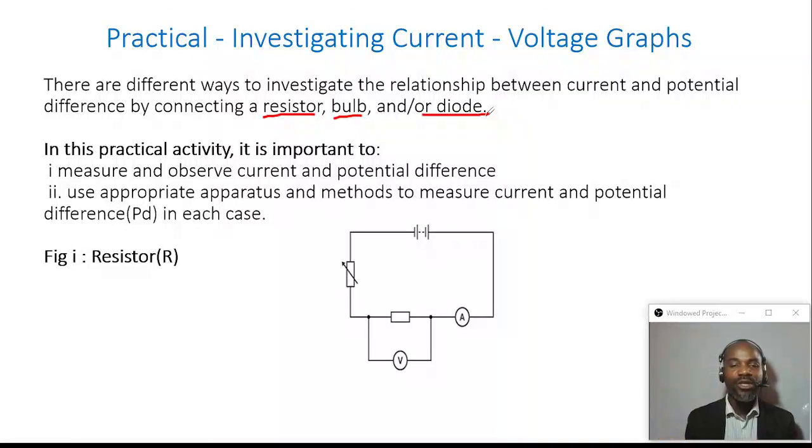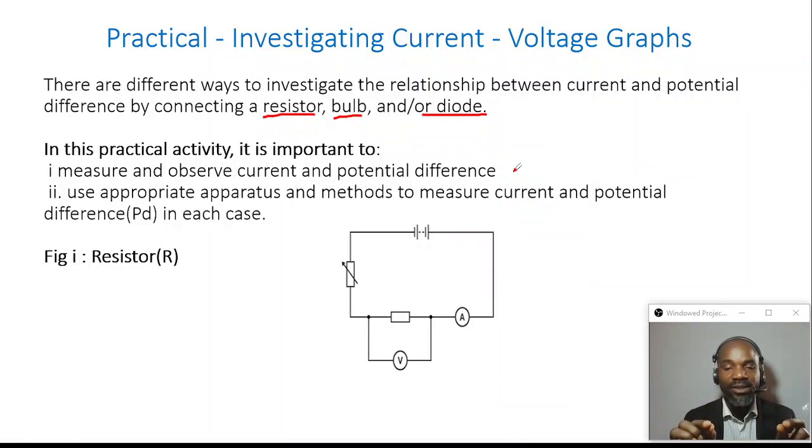And by the time we do that, we will see what the relationship between current and voltage is all about. So in this practical activity, it is important to take note of the following procedures. One is we have to measure and observe current and potential difference.